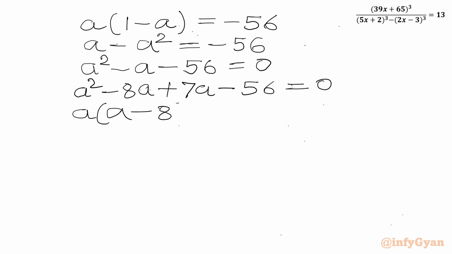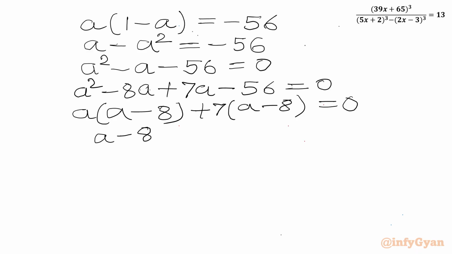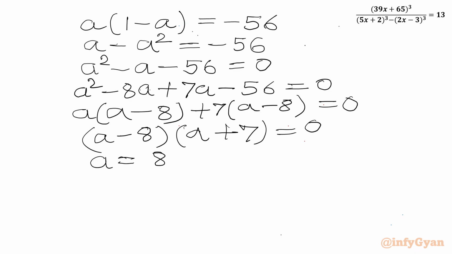We will get (A minus 8) in the bracket. Then 7 is common. In the bracket we'll have (A minus 8) equal to 0. So from here I can write (A minus 8) times (A plus 7) equal to 0. Or we can write either A equal to 8 or A equal to negative 7.